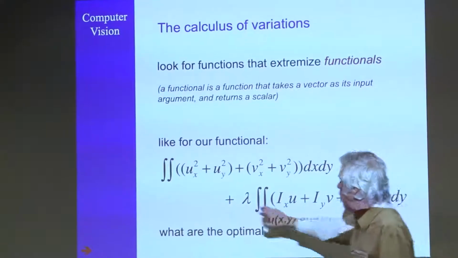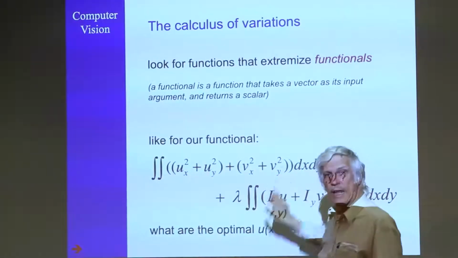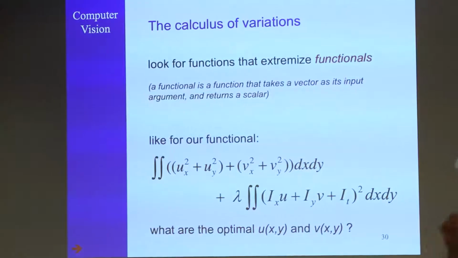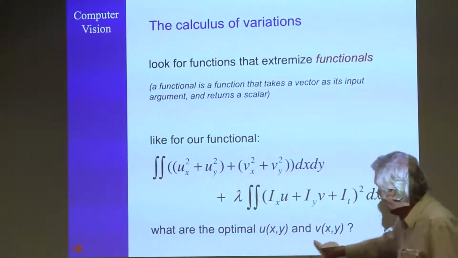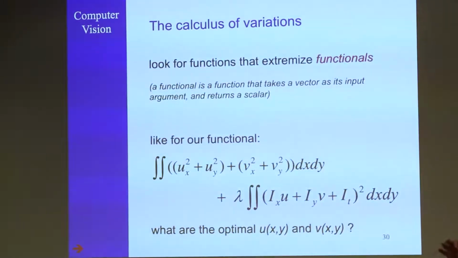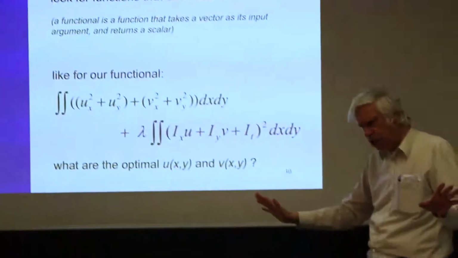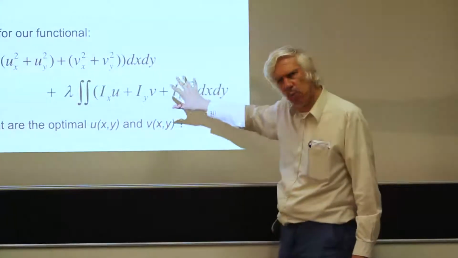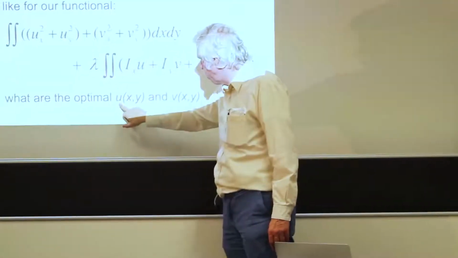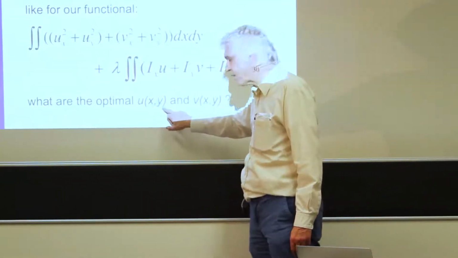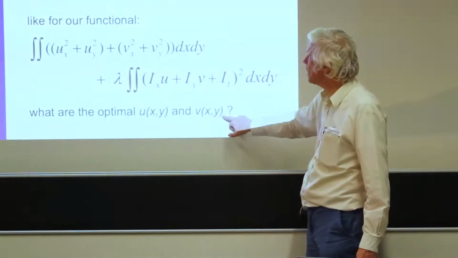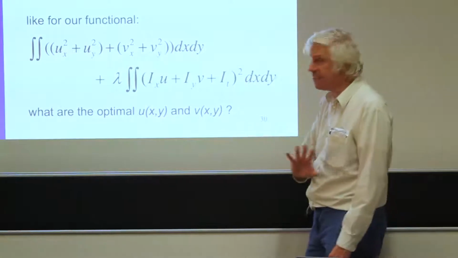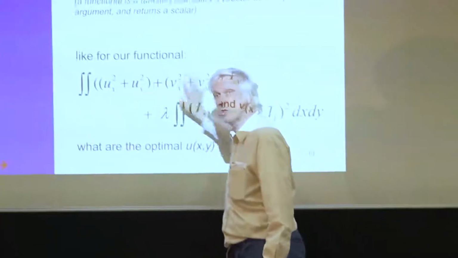So we look for functions that extremize functionals. The functional is the weighted sum behind the double integral here. And we have two functions that we have to return. A function u of x and y and v of x and y. What are the two components of motion throughout the image that make this thing minimal? So a horizontal component, u, at all pixels x and y, and a vertical component, v, at all pixels x and y, at the same time adhering to the smoothness.